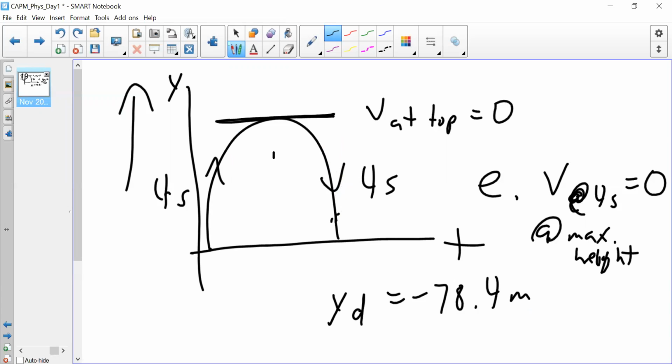Why? Because gravity now is going to be in the same direction as the velocity on the right-hand side, but opposite on the left-hand side. It's slowing down on the left. So that's why the ball slows, is instantaneously 0, and comes back down fast. It comes back down at the same speed it started with.